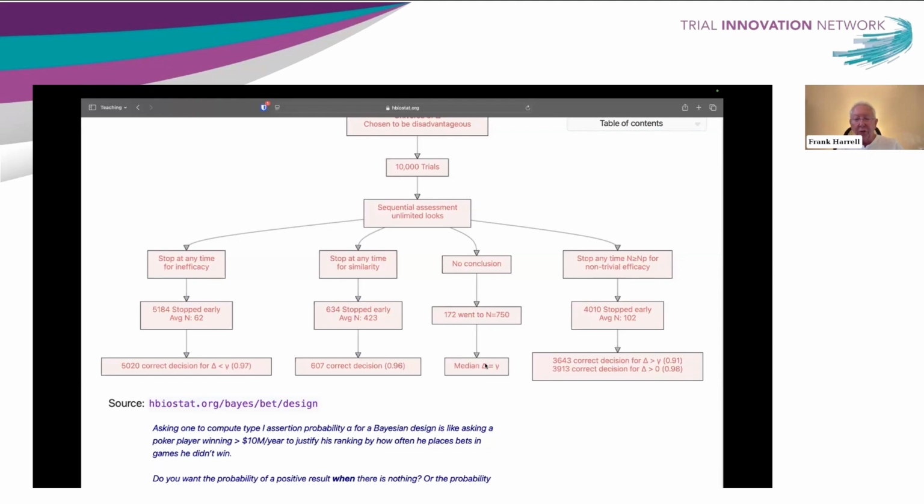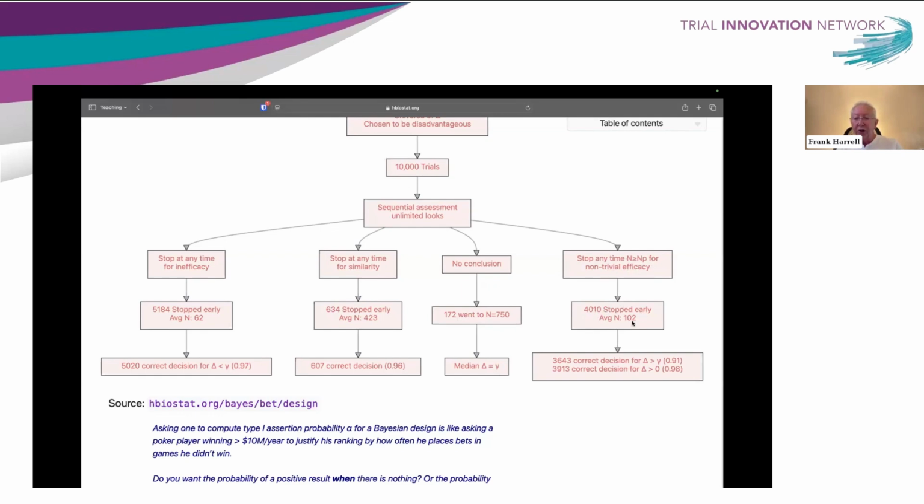So it makes sense that if your unknown efficacy is right at the threshold for triviality, you should have maximum trouble trying to stop that trial for any kind of conclusion. That's exactly what happened. Now, we can stop at any time when n is greater than n sub p. N sub p is 60, I believe, for non-trivial efficacy. So how often did we stop with a conclusion of non-trivial efficacy? We stopped 4,010 trials out of 10,000.